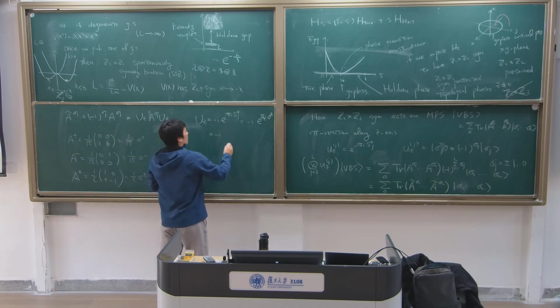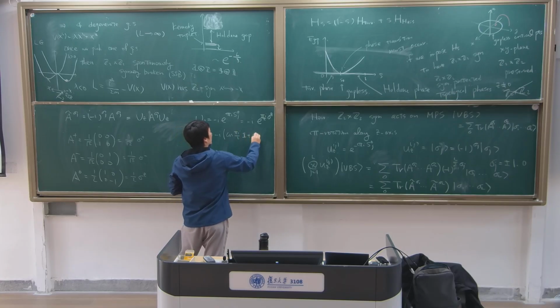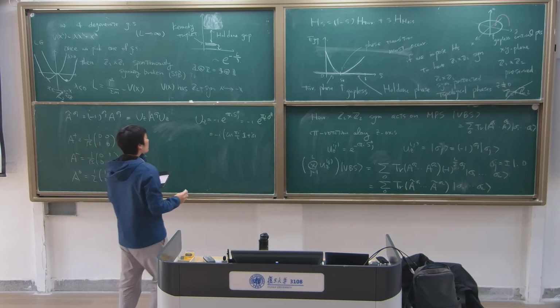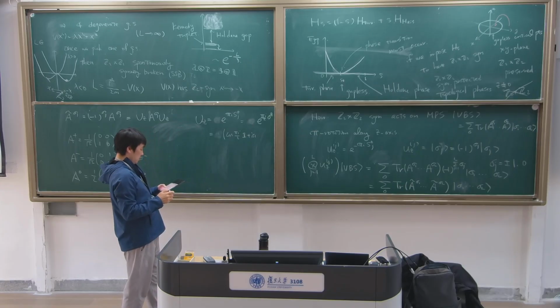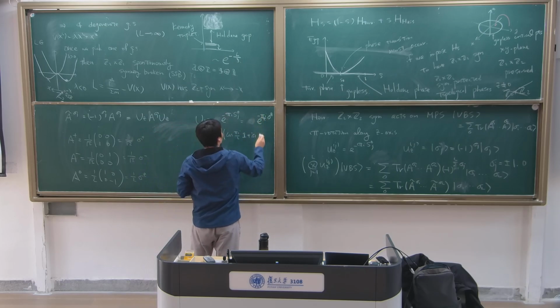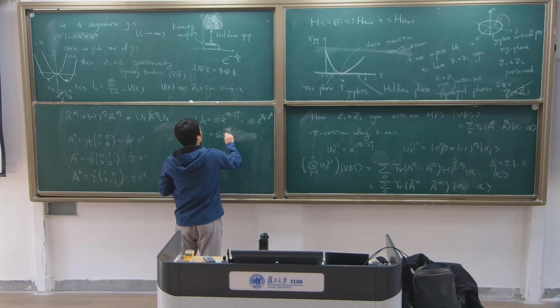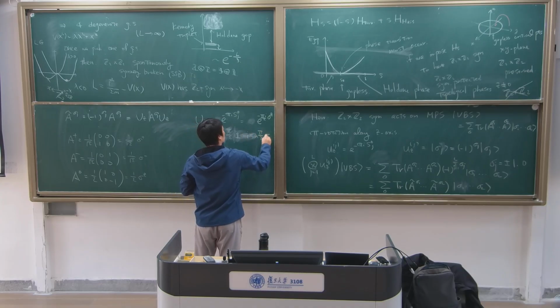And this is minus i cosine pi over 2 times 1 plus or minus i sine pi over 2 sigma c.